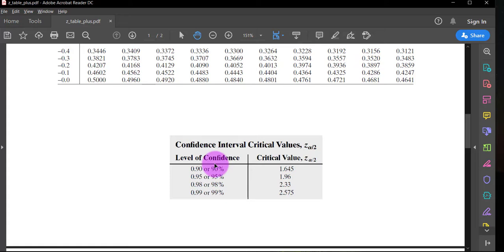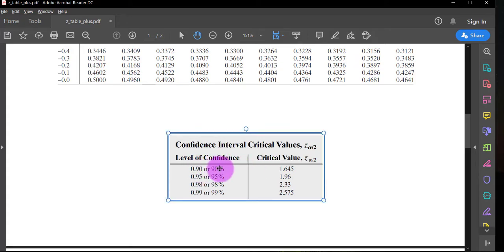And check it out too. We just did 90%. And we found 1.64 or 1.65. They actually took the average there. So this is a shortcut way, and the way that you should do it, to find these confidence interval critical values. In the next video, we will look at a particular example of how to create a confidence interval for a population proportion.